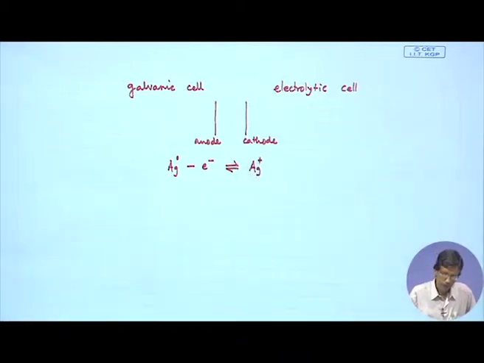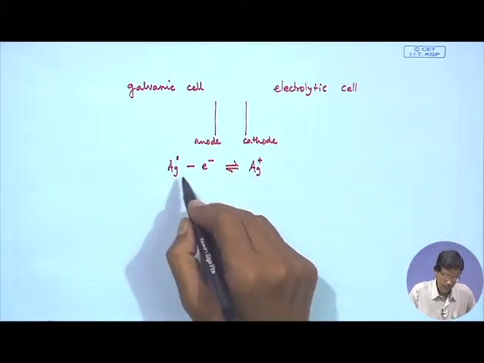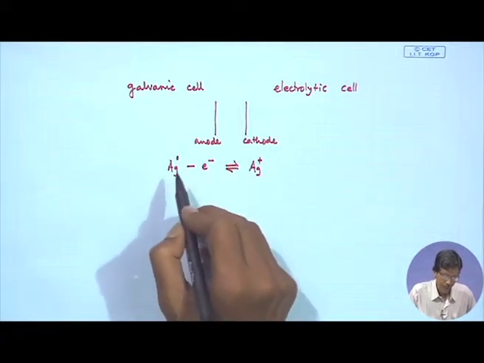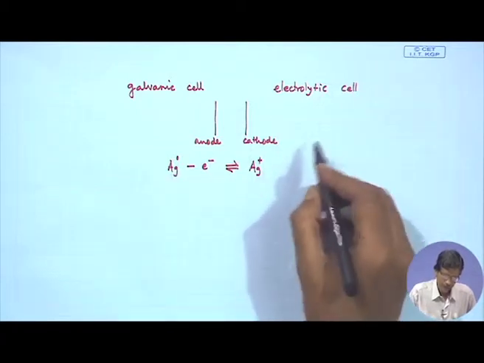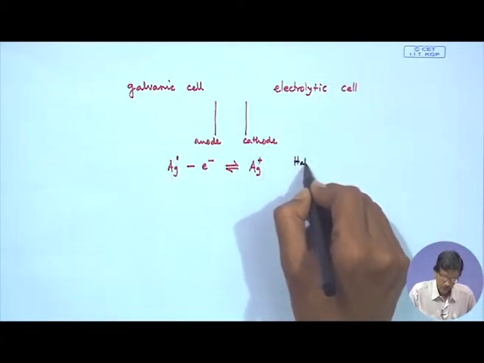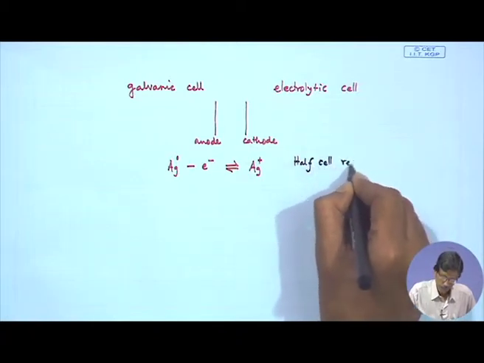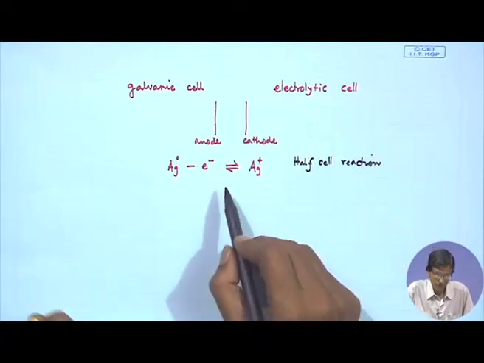If some condition can be applied such that you can reverse the reaction, though we know there is a natural tendency for this half cell reaction.